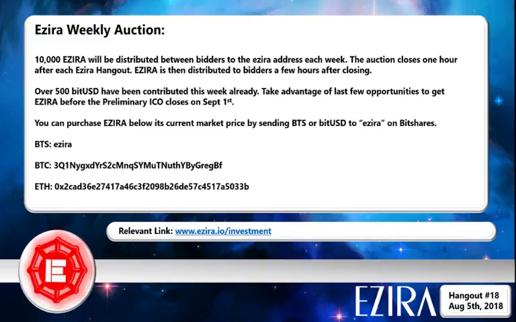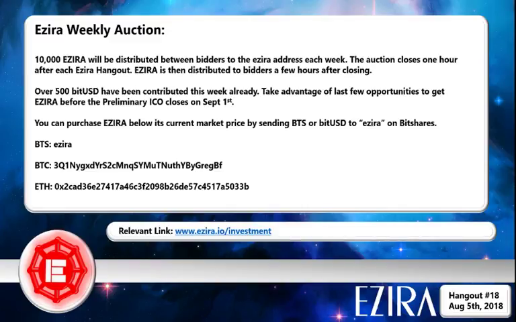So over 500 BitUSD worth of value, and I'm pretty sure that number's gone up, has been contributed this week already. So take advantage of the last few opportunities to get Ezira before the preliminary ICO closes on September the 1st. So after September the 1st, there will be no more new Ezira issued, and the funding round will close.